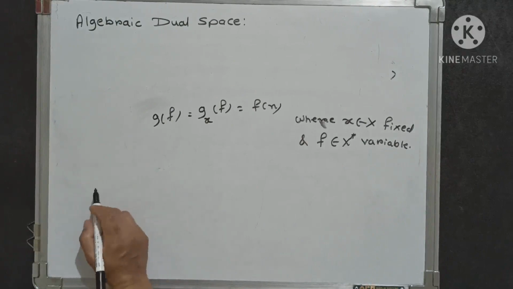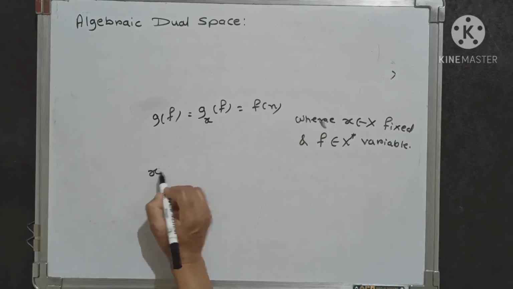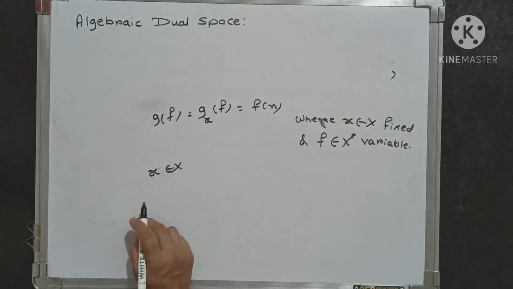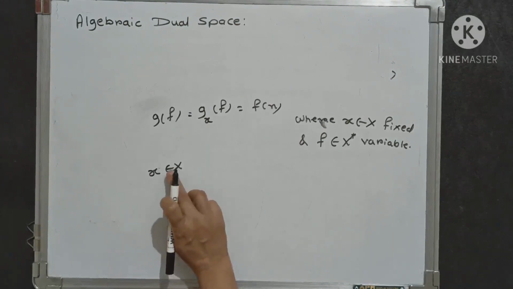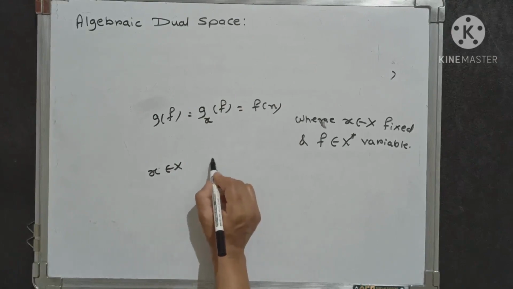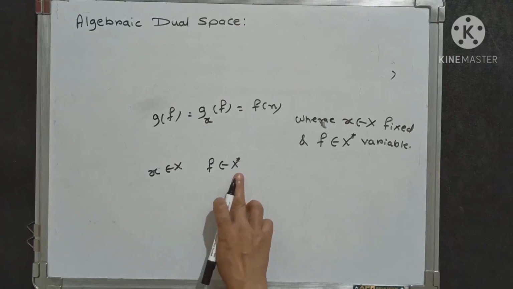That means we can obtain g belongs to X double star, which is a linear functional on X star, by choosing a fixed small x belongs to capital X, and then the variable is f belongs to X star. F is an element of X star.